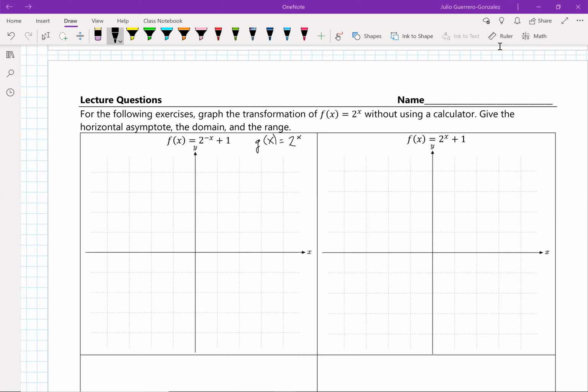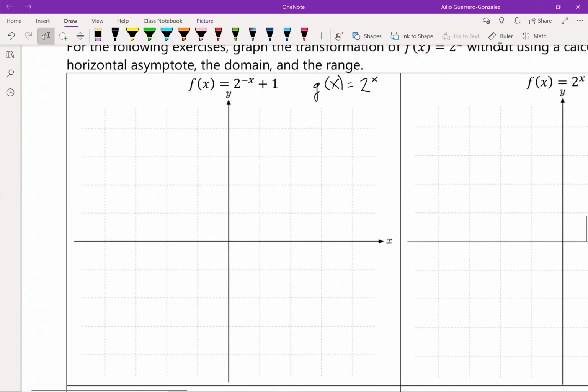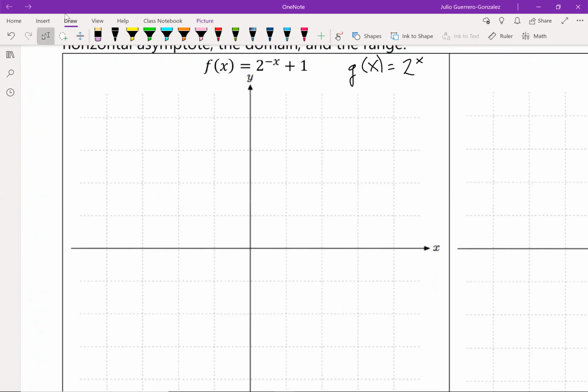Let me turn my camera off again. So I feel like the horizontal asymptote will be on 1, y equals 1.